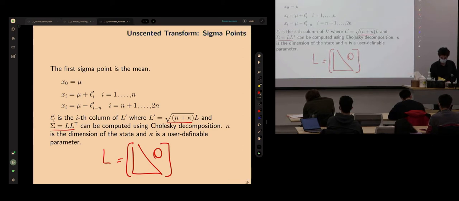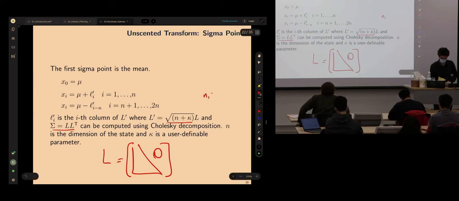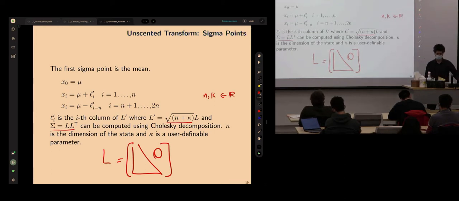So N, these are just numbers, right? N is the number of sigma points, and kappa is just the tunable scalar. So the first sigma point is your mean.